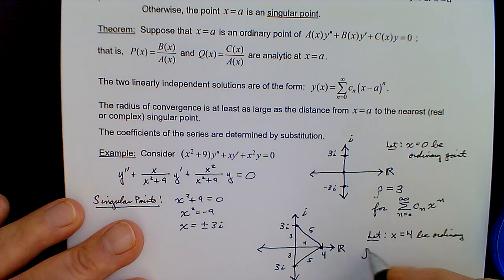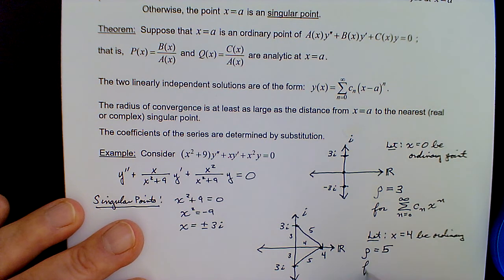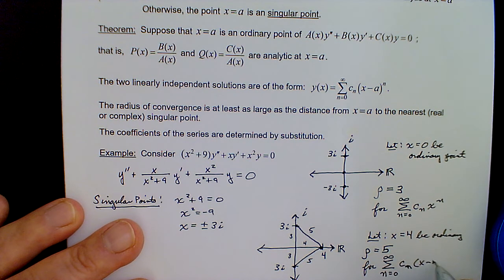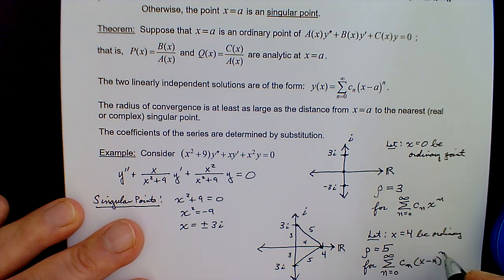So therefore, rho is equal to 5 for the series that's the sum as n goes from 0 to infinity of c sub n times x minus 4 to the nth.